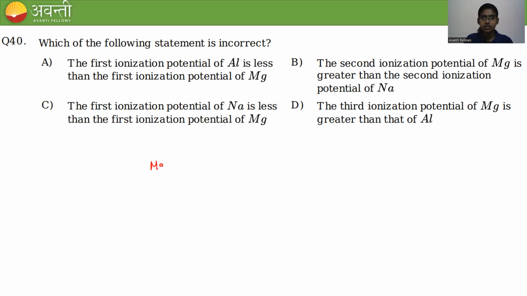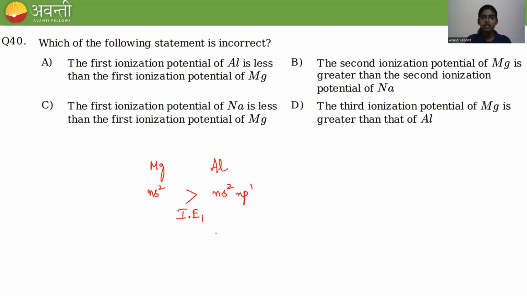Magnesium has atomic number 12 and aluminium has atomic number 13. So for the first ionization energy, the outermost electrons are ns2 in magnesium and ns2 np1 in aluminium, right? So the first ionization energy will be less for aluminium.